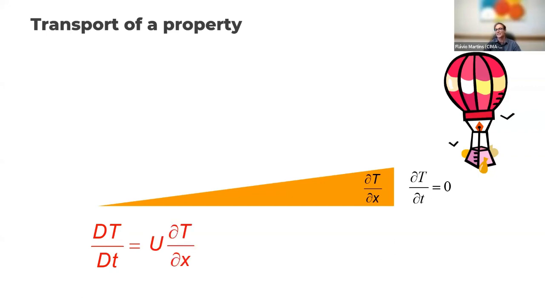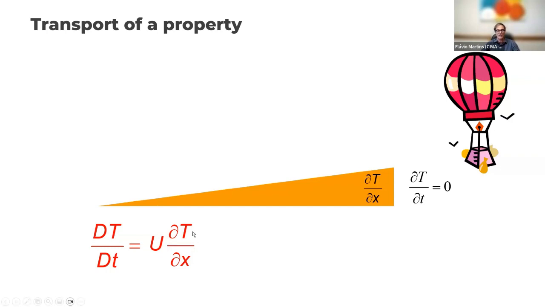Like this, right? You have the spatial gradient, so the temperature changes in space, and then you have a velocity. If the velocity is higher, the person in the balloon will experience a faster change. And if the velocity is lower, the person experiences a slower change.